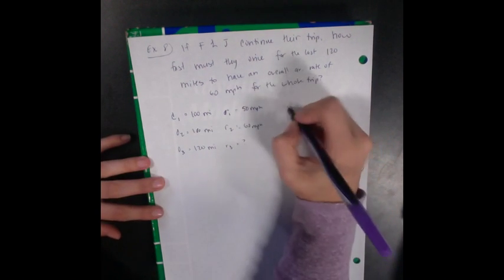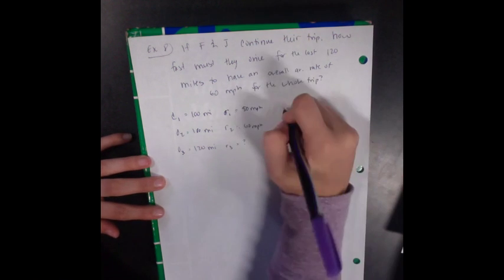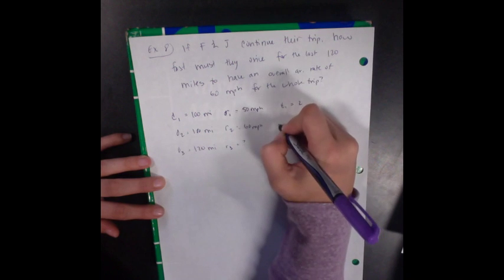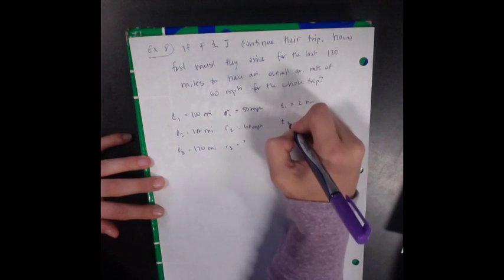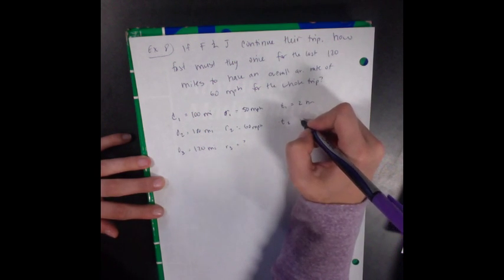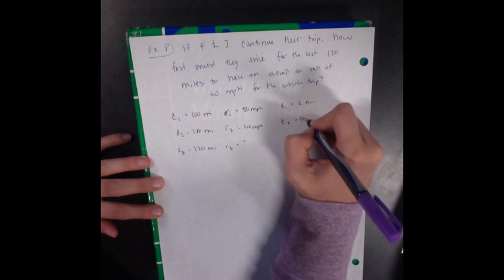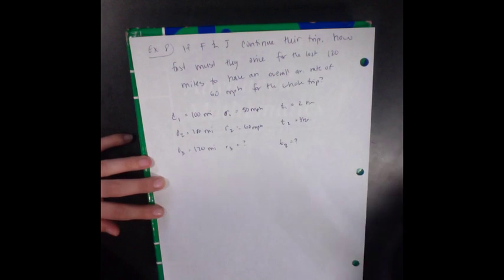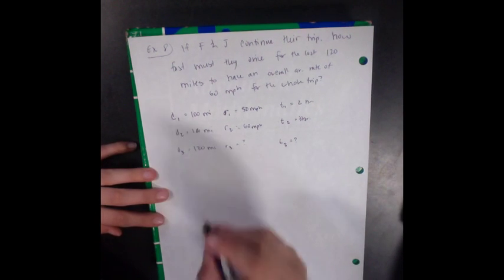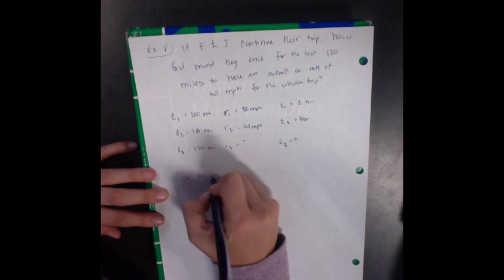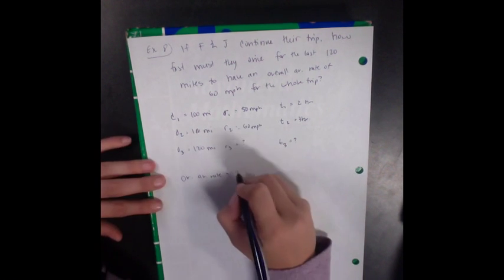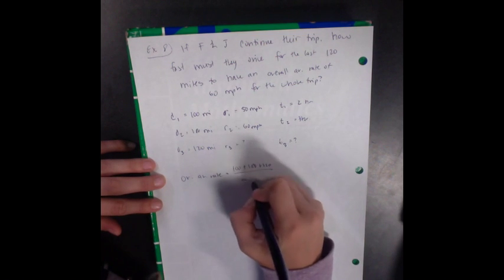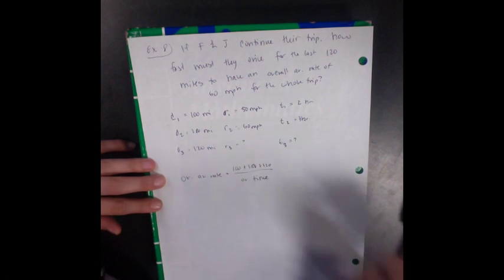Okay, now we already figured out the time for my first leg is 2 hours. The time for my second leg is 3 hours. And we don't know the time for my third leg. Okay, so what I'm going to do is I'm going to set up my overall average rate. My overall distance was 100 plus 180 plus 120 over my overall time.